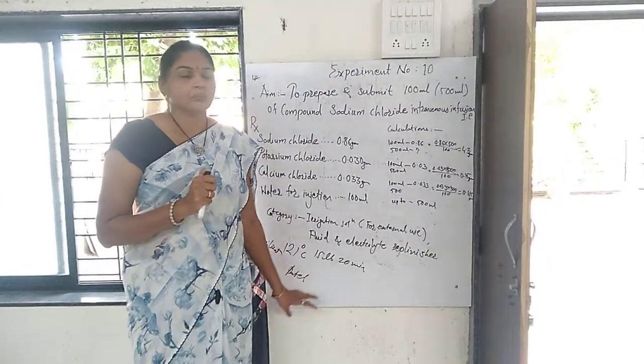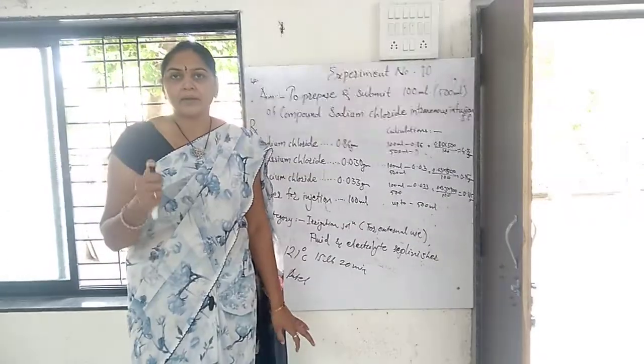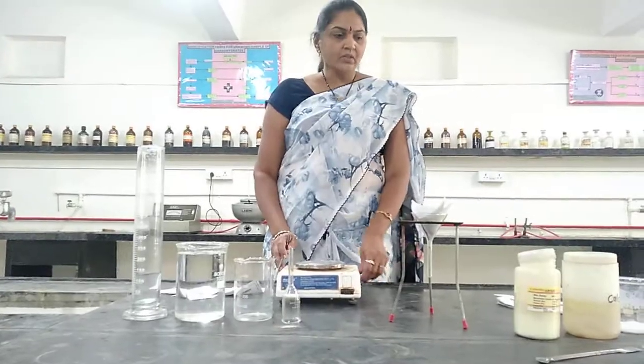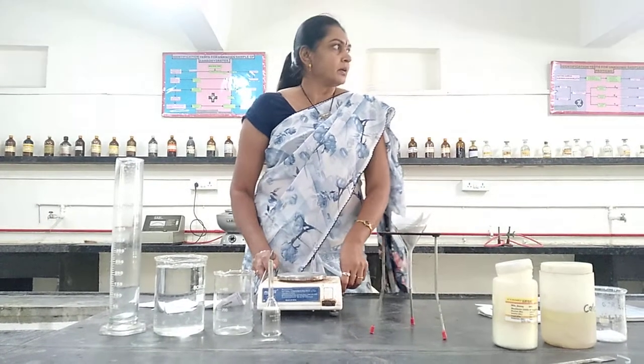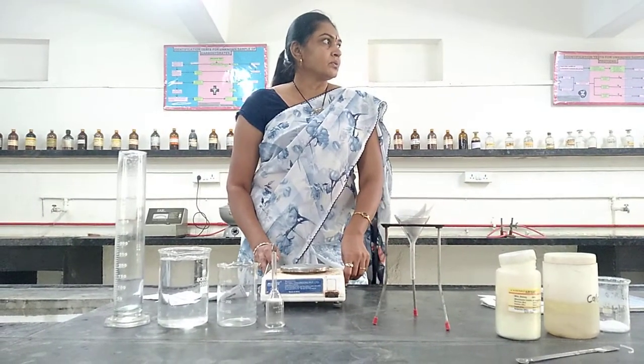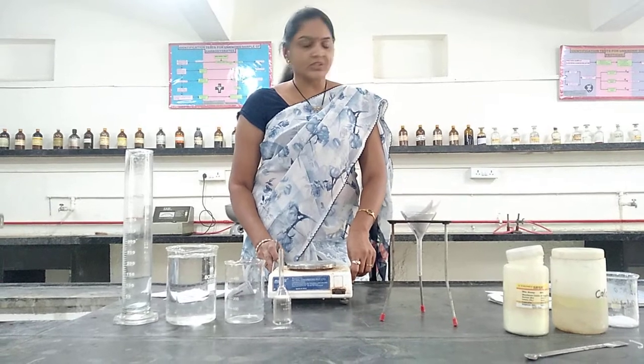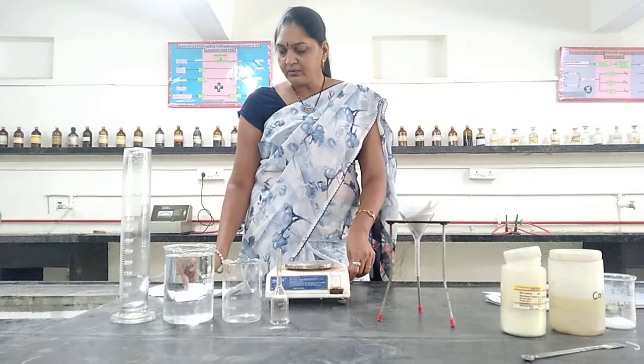This is the method. Now we will see the practical. Now first you have to weigh all the ingredients, that is sodium chloride, potassium chloride and calcium chloride.